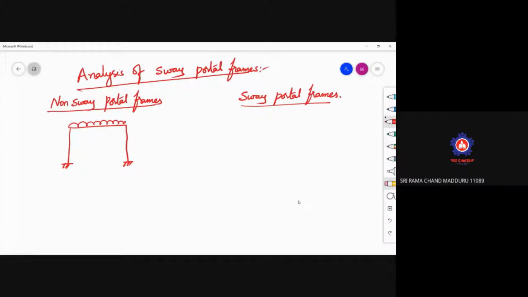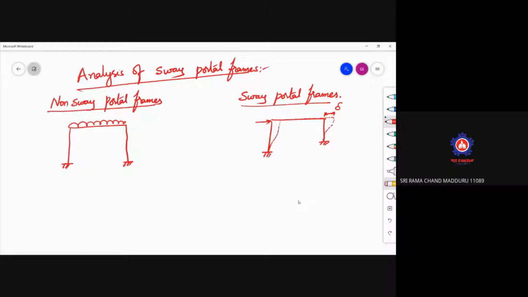So if a member is like this, and due to the application of loading, it deforms like this, that will be considered as a sway problem. So this is considered as a sway structure. We call this delta.